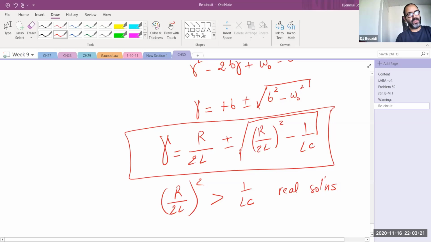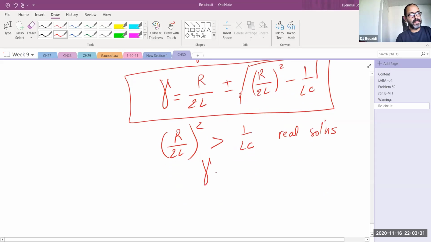You have (R over 2L) squared minus something, and you square root it. So both the gamma with the plus sign and the gamma with the negative sign are both real and positive.